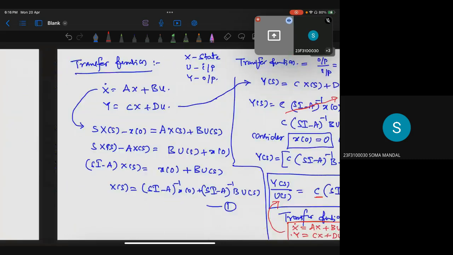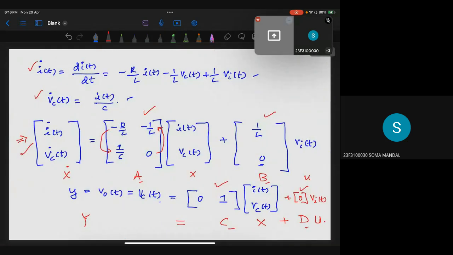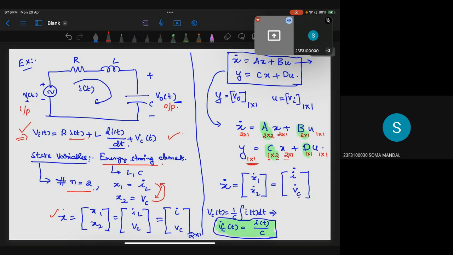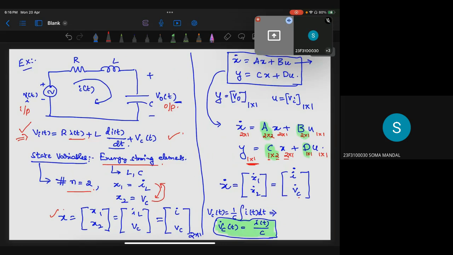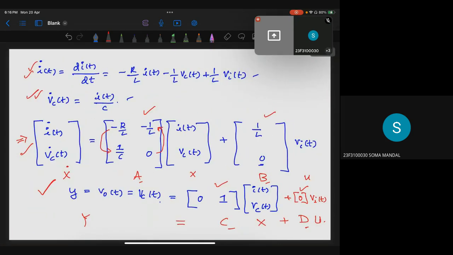We have already written the first example in this form. So write your KVL or KCL equations, whatever you want. Find the number of states, the energy storing elements, write down the equations properly, identify the state variables, find their derivatives, and finally put them in matrix form. This is called the state space representation.